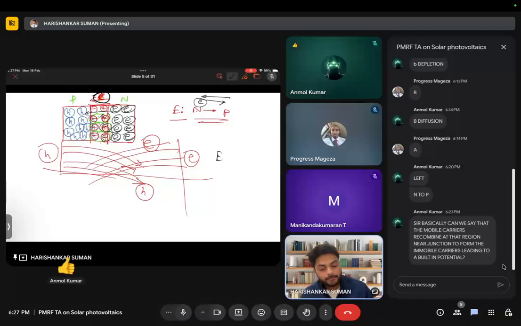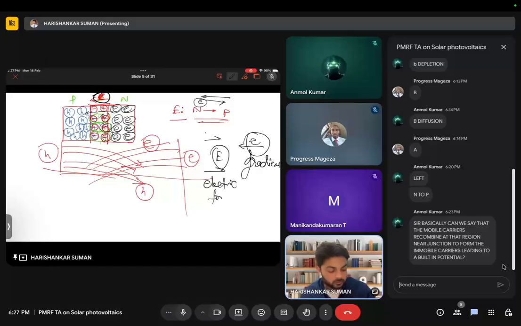Okay, if the electric field force is equal to the gradient force, these two forces are equal, this is the electric force due to the built-in electric field, then diffusion will stop.